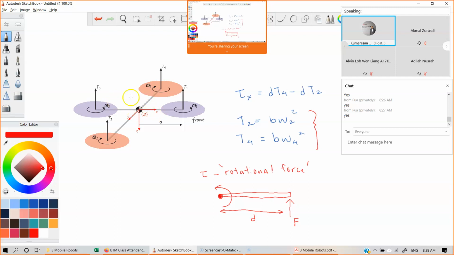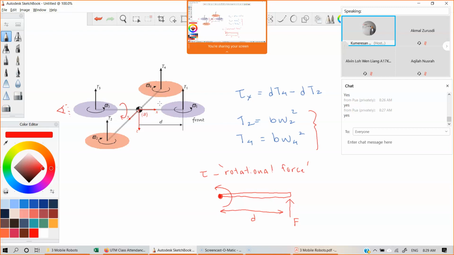Positive rotation about the x-axis is clockwise, isn't it? This is your eyes looking in the direction of the x-axis. Positive motion is clockwise. So that is your positive torque.